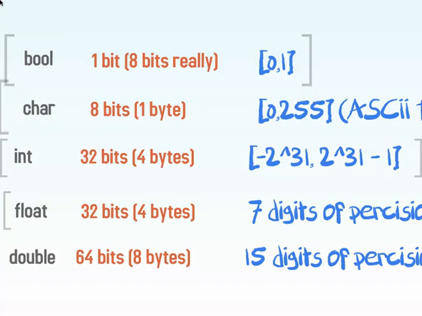So if we were to go 2 to the 31st in the negative direction and then 2 to the 31st in the positive direction, we'd get our full value of 2 to the 32nd, but then we would be missing 0. So we need to truncate one end. It so happens to be that truncating the upper end is more convenient, so we take off the 1 from the upper end and replace that with 0 so that we can have a continuous set of values between -2 to the 31st all the way up to 2 to the 31st minus 1.